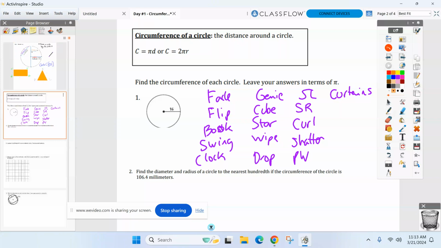I'm not doing this. Curtains. You know we all have numbers, right? We can just go by order. Pinwheels, with numbers. Shatter. I'm not doing this. Curl. Slide right. Slide left. Drop.